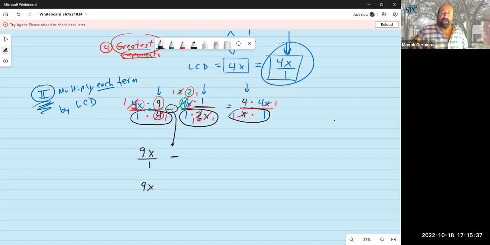What do we have left? We got a 2 up there times all these 1s, so 2 times 1s is 2. 9x over 1 becomes 9x, and 2 over 1 is 2. See how these are all becoming non-fractions?